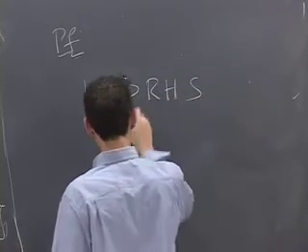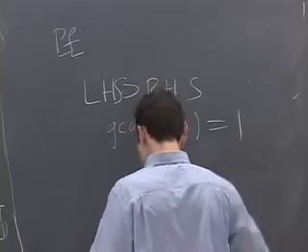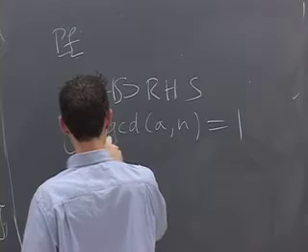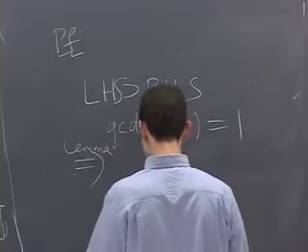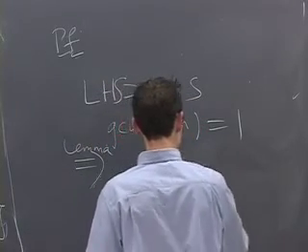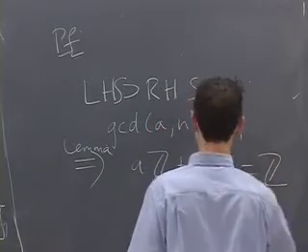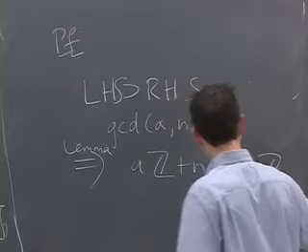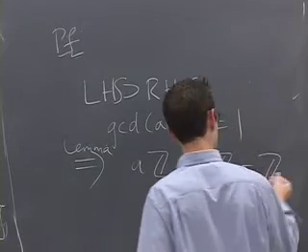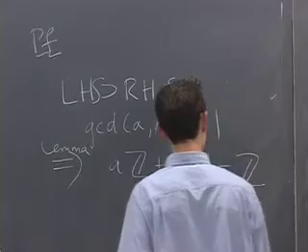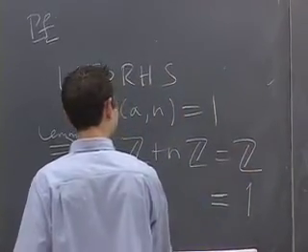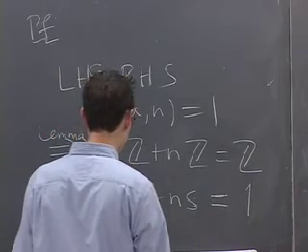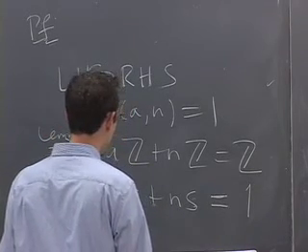Well, if I have gcd(a,n) equals 1, then by the lemma, aZ plus nZ equals Z, or put another way, it's something that follows immediately, because 1 is in here. I can write 1 as ar plus ns for some r and s.